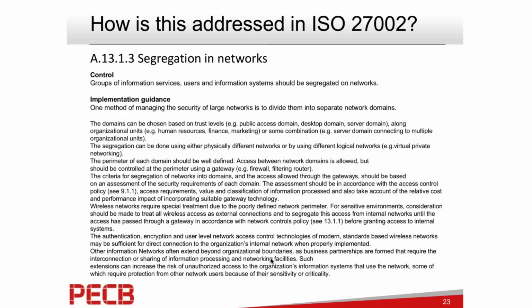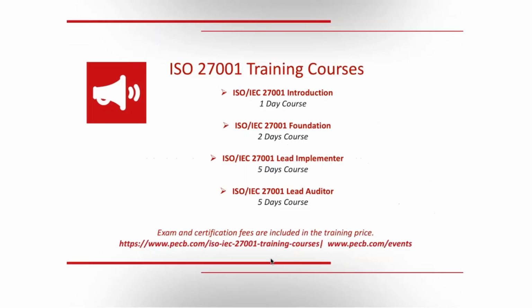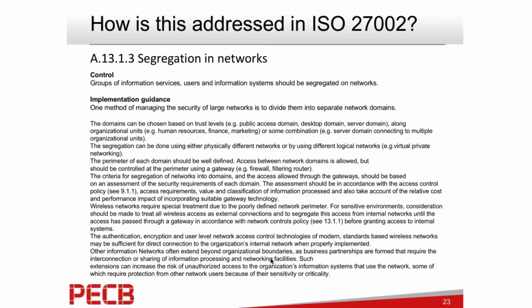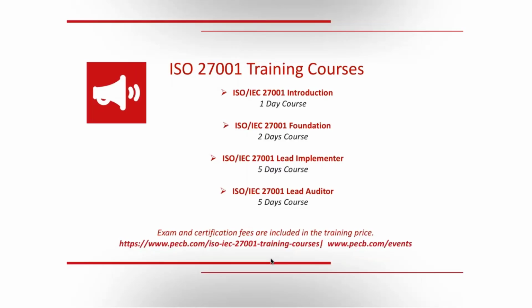Also, encryption, authentication, user level of access, VPN, modem, out of band, in band, all of those are addressed in that part of the control. So with that, I conclude the session. I hand it over to you, Ardian.